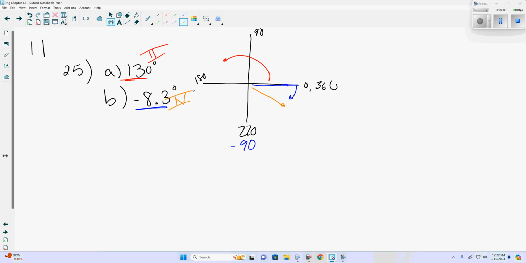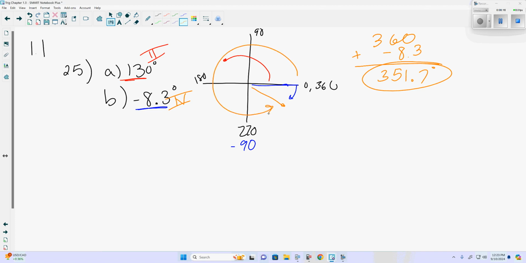This ends up being down here in quadrant 4. Now the other way we can look at it is we can take that angle and add 360 to it, because that's one full circle to make it positive. And if we add this here, its coterminal angle is 351.7 degrees, which would be going clockwise, which also puts us in quadrant 4.